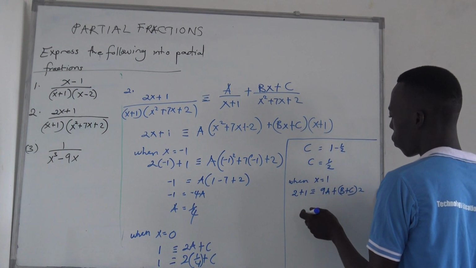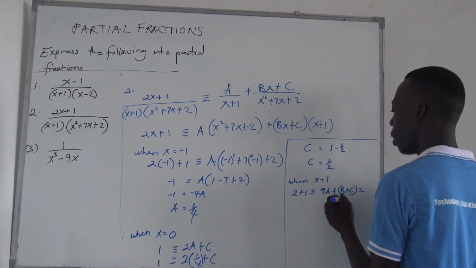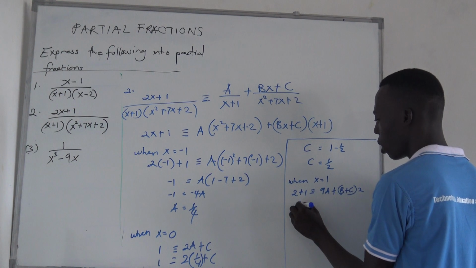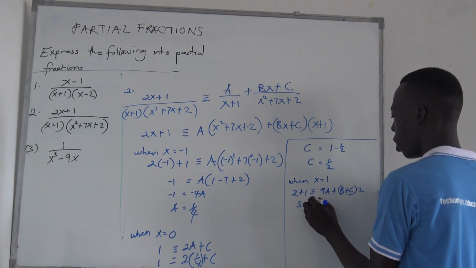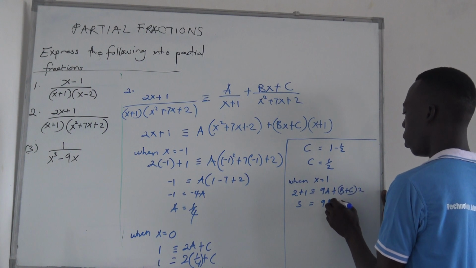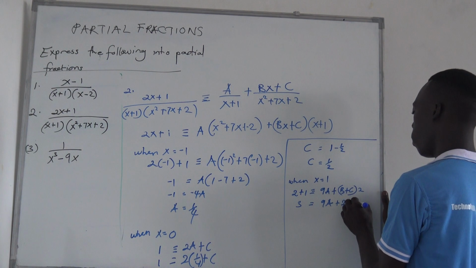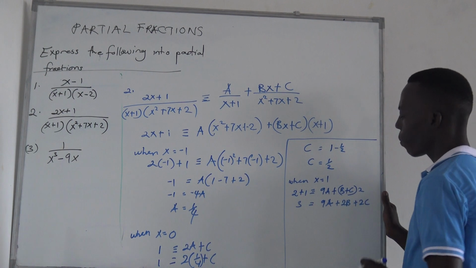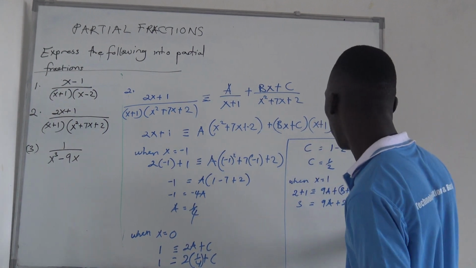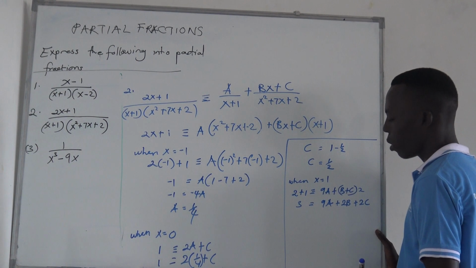So for that case, since I have a, b, and c, I can put, but before I put, this one is 3 equals 9a. Then when you multiply this one inside the bracket, it becomes plus 2b plus 2c. So after getting the values of a, b, and c, I just substitute.